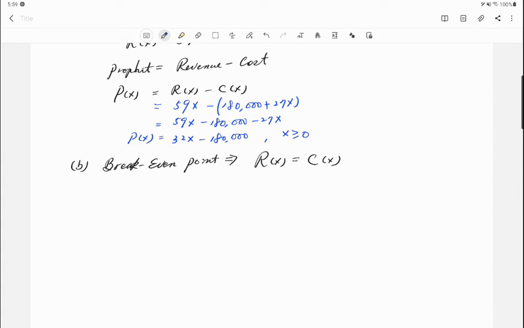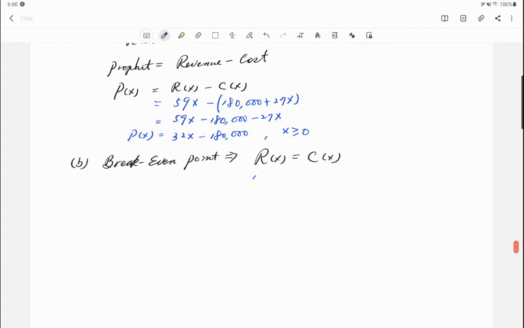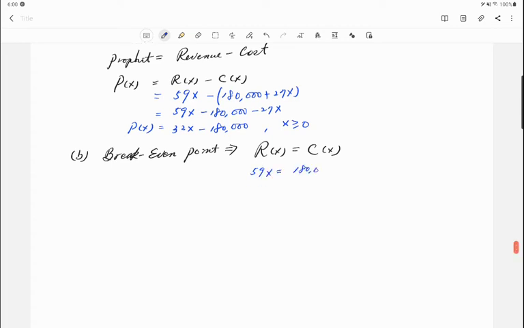So we set the revenue and the cost the same so that we can find the number of calculators where there is a break even, no loss or no gains. R of x is 59x, right? And the total cost is 180,000 plus 27x.